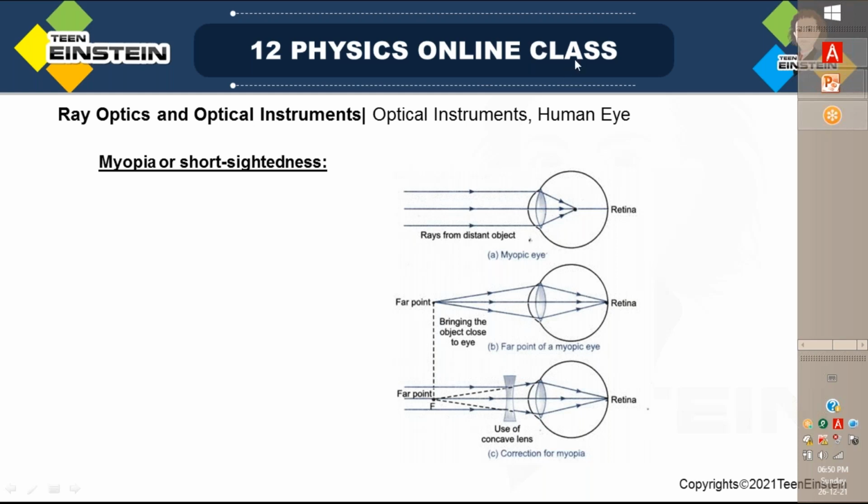I hope my screen is not visible to people, I think. Yeah, I can see Ram. You can see the screen? Yes, yes. Ray optics and optical instruments, right? Yeah. Myopia, are you able to see myopia or short-sightedness? Yes, yes. Myopia or short-sightedness. Yeah, it is there. Yeah, but I am not able to see the screen. But I am unable to hear your voice.